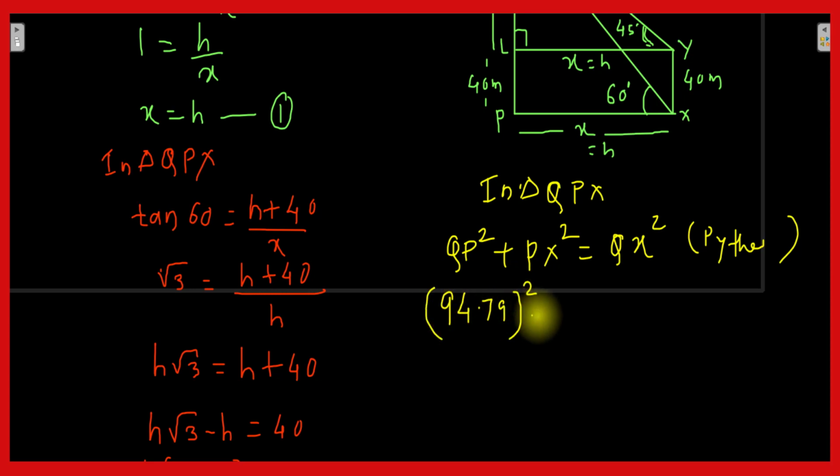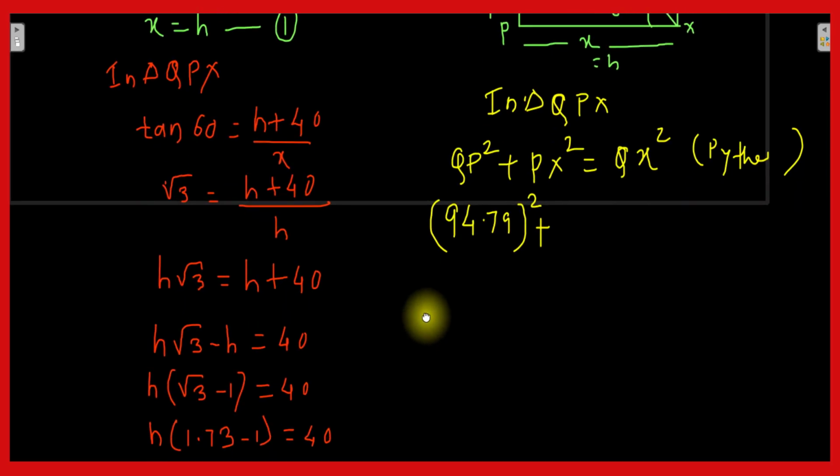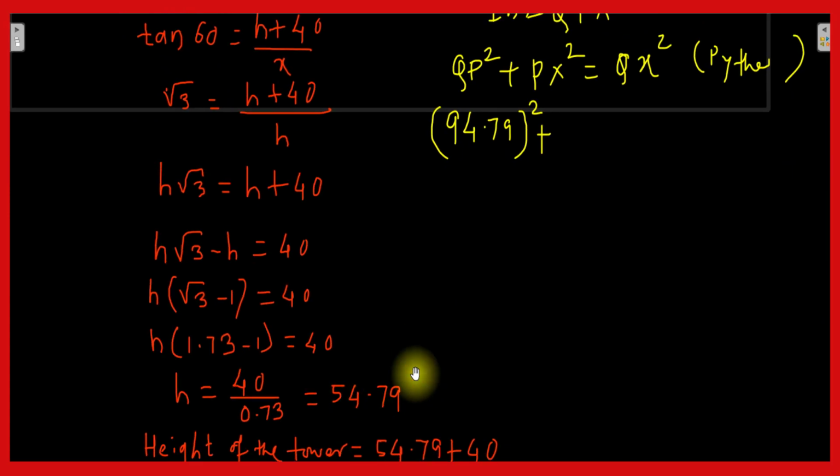Bracket square plus PX is h, and that h we have got, h is equal to 54.79, so that is plus 54.79 bracket square, which is equal to qx square.